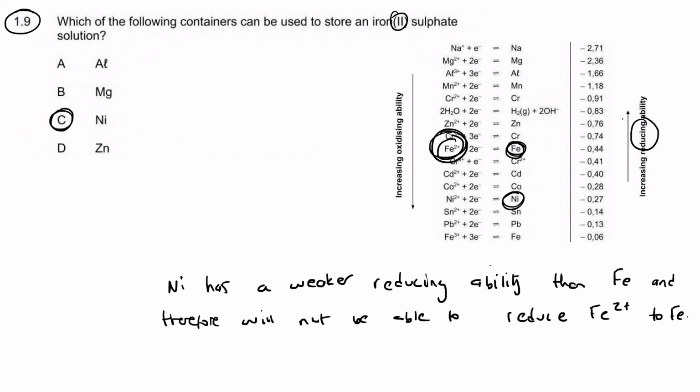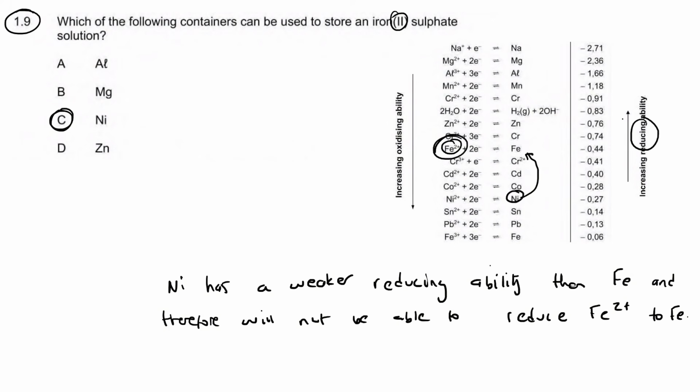That's the way you would think about this. What I did is I took the one I'm looking at, nickel, and wanted to explain why it's not good enough to cause a reaction. So I compare it with the opposite of this one, the one on the same side of the table. And so I said that nickel has a weaker reducing ability than Fe and therefore will not be able to reduce.